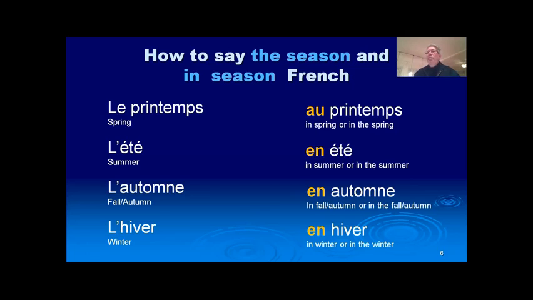It just doesn't flow very well. So they say au printemps. So we have au printemps for spring, en été for summer, en automne for in autumn, and en hiver for in winter. So now we know how to say the season in French, and we know how to say that something occurs in that particular season.